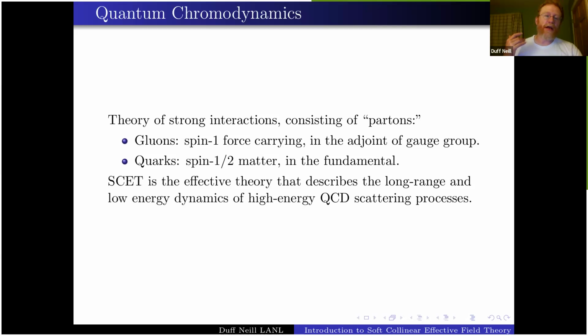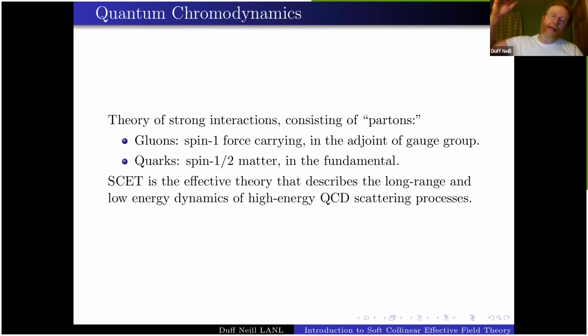But we also know that there will always be at least one other scale in our problem whenever we're talking about QCD, and that will be the scale of confinement. You can think of that as being approximately the pion mass. So if I'm talking about high energy scattering at the LHC, then I'll have hard interactions of order 100 GeV, but the pion mass is lowly at 100 MeV.